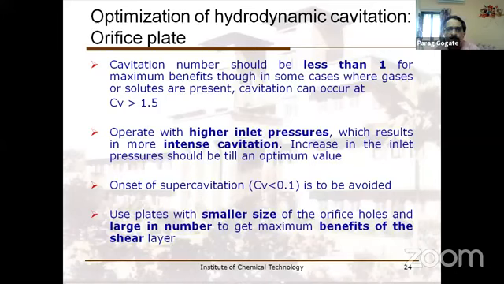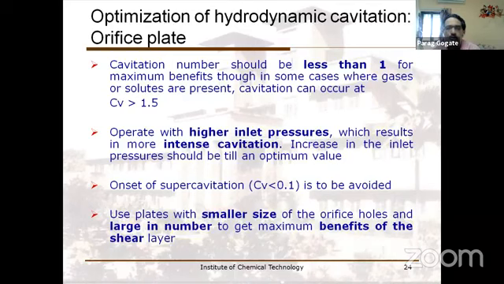In terms of the orifice plate, I have already said that a cavitation number less than 1 is desirable. Typically, I need to operate at higher inlet pressure, which will give me intense cavitation. But again, it should be optimum so as to avoid supercavitation, which we call too many cavities being generated in the system.